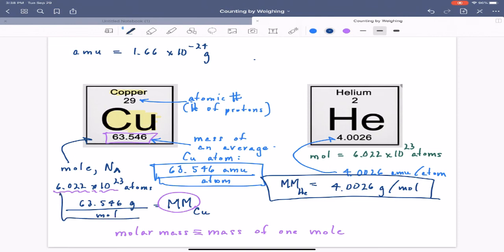So why is a mole of helium so much less massive? The answer is because helium atoms are less massive. Helium atoms only have 2 protons and 1 or 2 neutrons. Copper atoms have 29 protons and a lot of neutrons. It's kind of like saying I have a dozen mice and a dozen elephants. A dozen is a dozen.